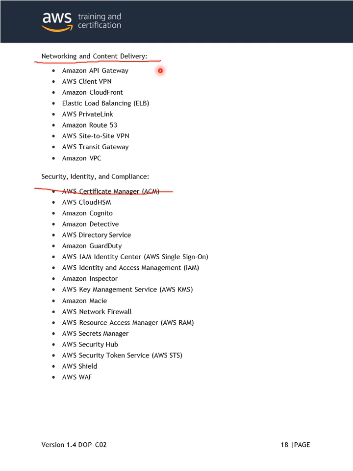In networking and content delivery: API Gateway, VPN, CloudFront, load balancing, PrivateLink, Route 53, Site-to-Site VPN, Transit Gateway, VPC. Security, identity and compliance: ACM, CloudHSM, Cognito, Detective, Directory Service, GuardDuty, Inspector, KMS, Network Firewall, WAF, Shield, STS, Security Hub, Secrets Manager.